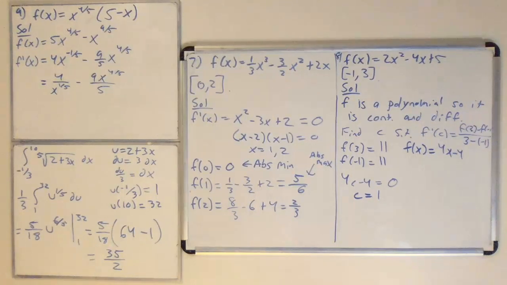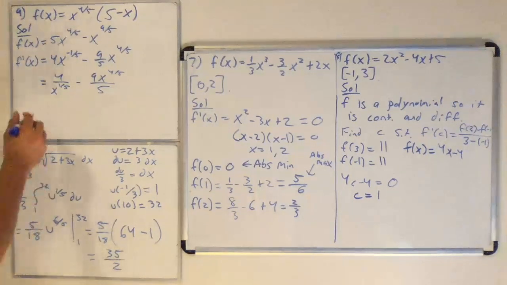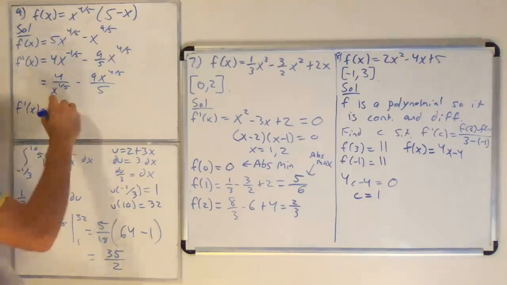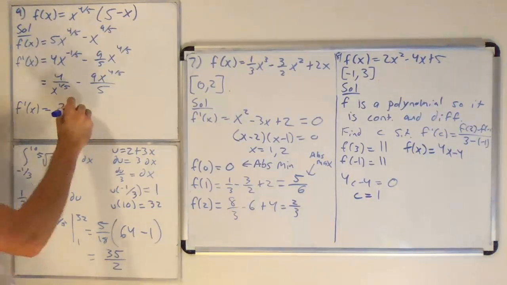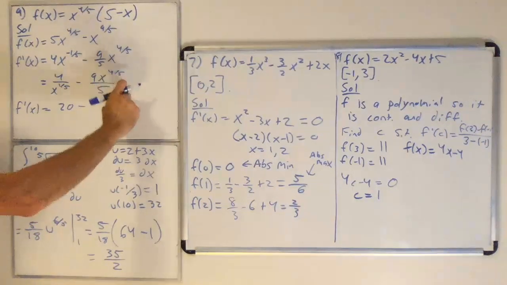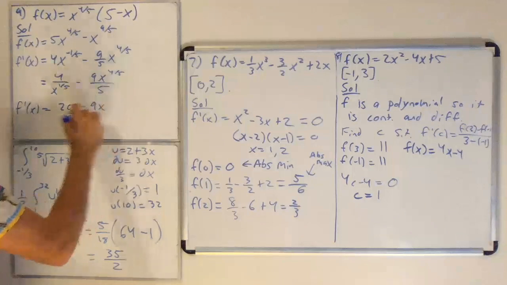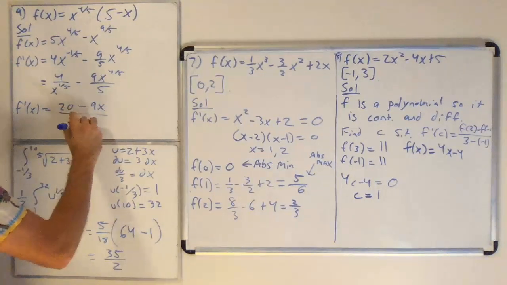And now we could get a common denominator. So f prime of x is equal to 20 minus, we're going to multiply this fraction by x to the 1/5 over x to the 1/5, so that's minus 9x over 5x to the 1/5.